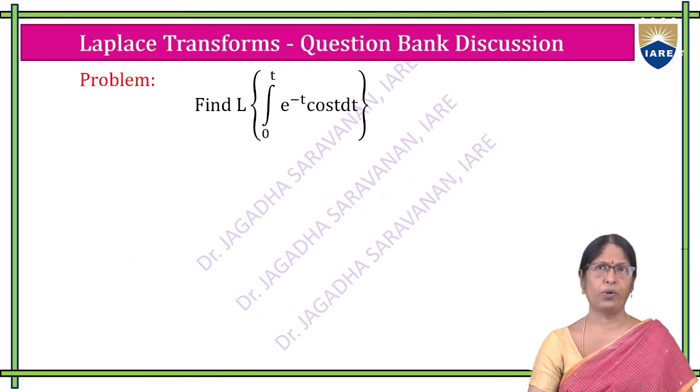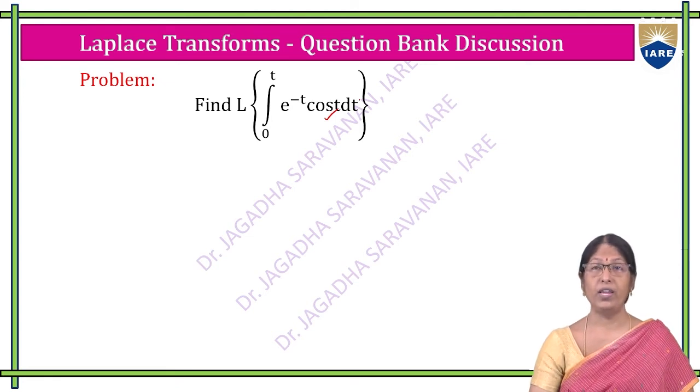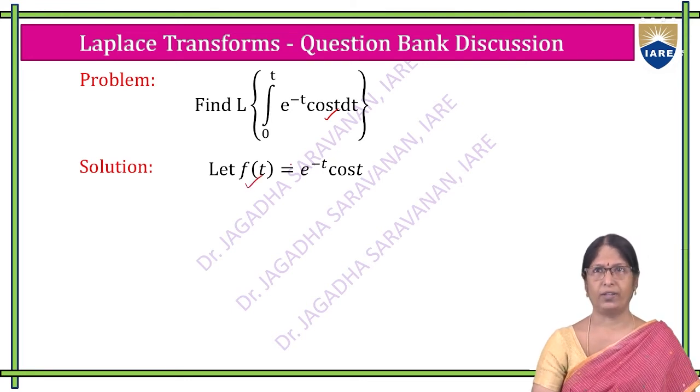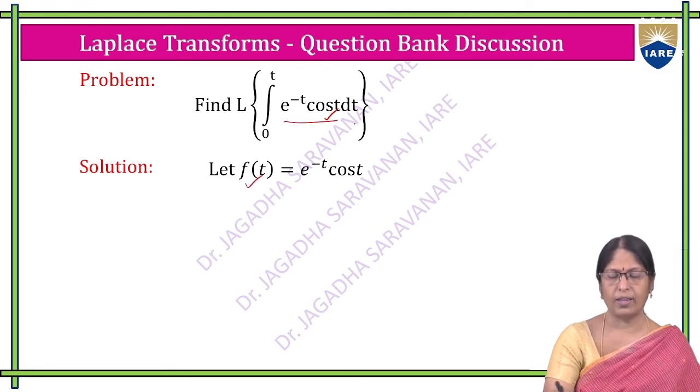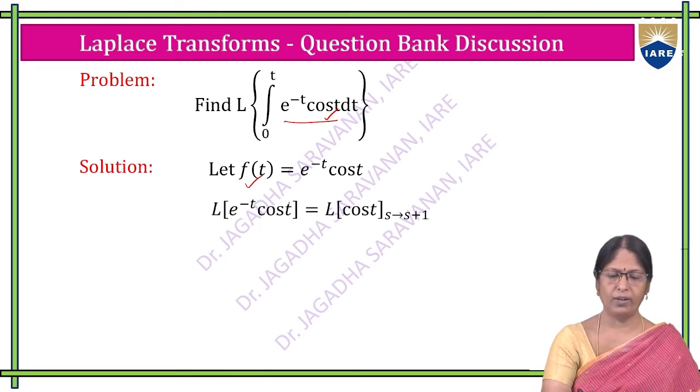The next problem is find L of the integral from 0 to t of e power minus t cos t dt. So L of f of t. We are taking this f of t. First we will solve that one. Very simple one.